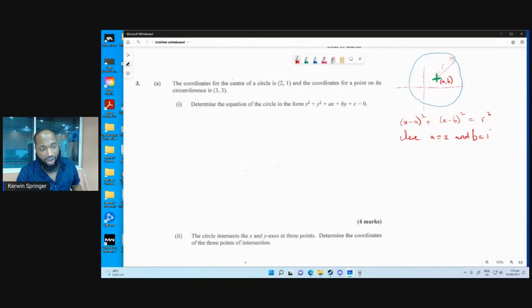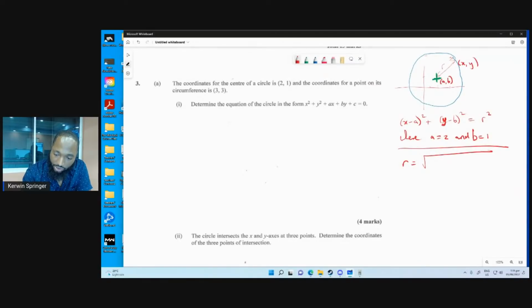But we also need to get R. Sorry, yeah, this should be y minus b. I made a mistake there. We should also get R, the length. So R is equal to the square root, and remember, this is like an x, y here, of (x minus a) squared plus (y minus b) squared.